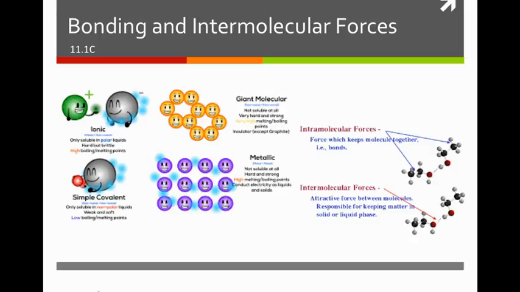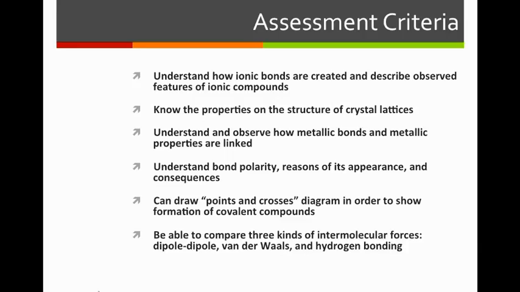So let's see the assessment criteria. The assessment criteria for this topic is as follows. We'll understand how ionic bonds are created and describe observed features of ionic compounds. We'll look at the structure of crystal lattices. We'll look at metallic bonds and metallic properties. We'll look at covalent bonds and subsequent bond polarity.